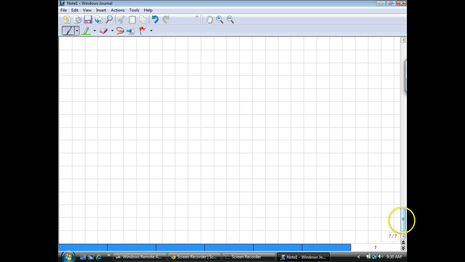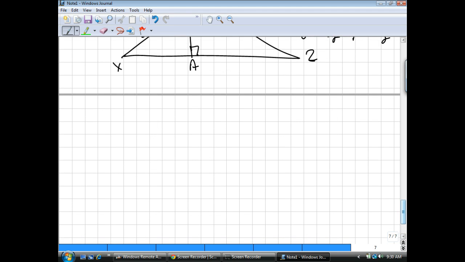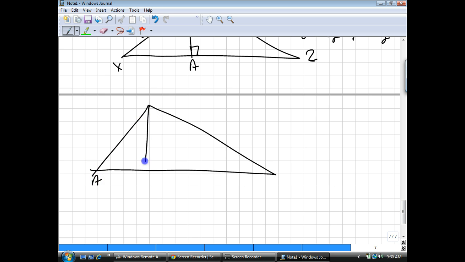so here's an example of how we would use that. So this is A, this is N, this is B, and of course this is a right angle, this is C, and if AN equals 4 and NB equals 9, find CN.